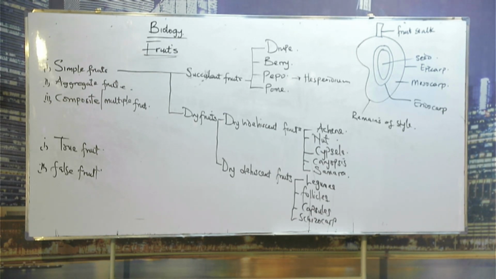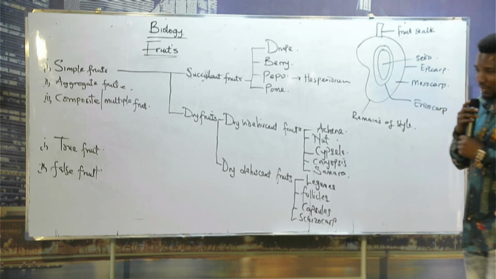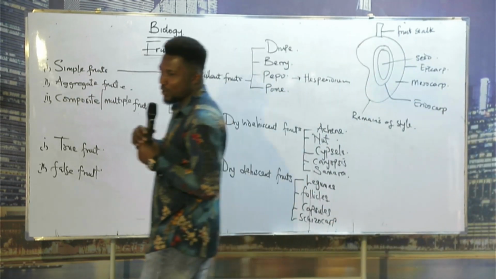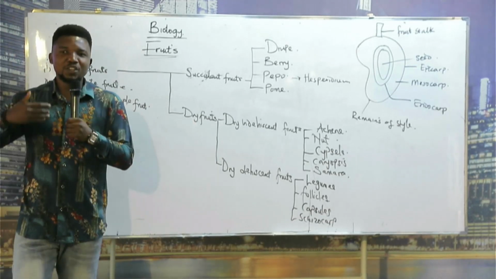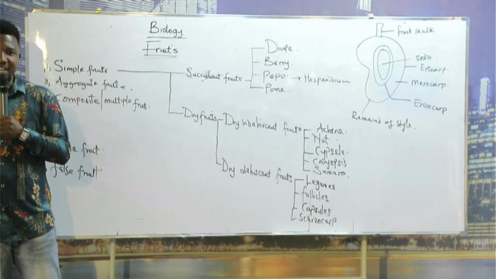Sometimes JAMB asks you to arrange these zones of the marine habitat in ascending order. And before you even know where to start, I've given you hints on how to read.